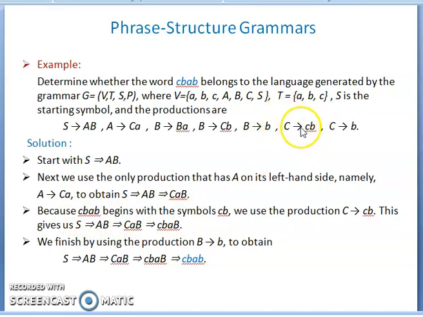Instead of C, you can substitute CB. Here we have capital C, small a and capital B. Instead of capital C, you can substitute CB, and A is as it is, and finally you have the capital B. Now the string is translated to capital C, small c, small b, small a and capital B.